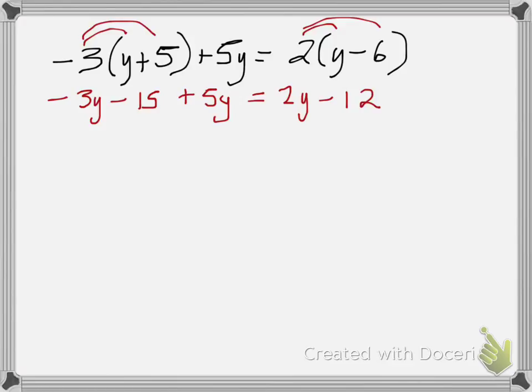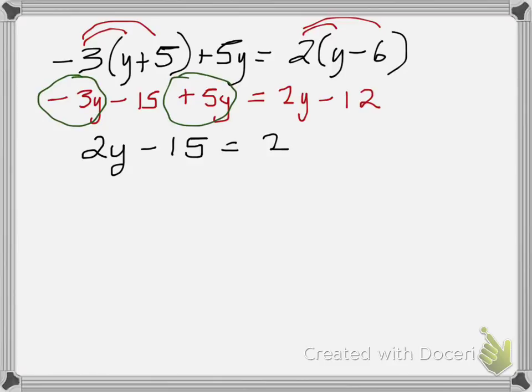So now on the left-hand side, you should have noticed that you had some like terms. You have a -3y and a positive 5y. So putting those like terms together, that's going to give me 2y. So I have 2y minus 15 is equal to 2y minus 12.